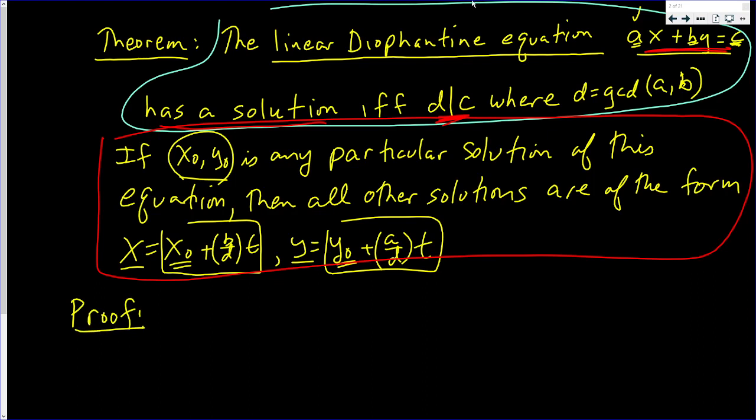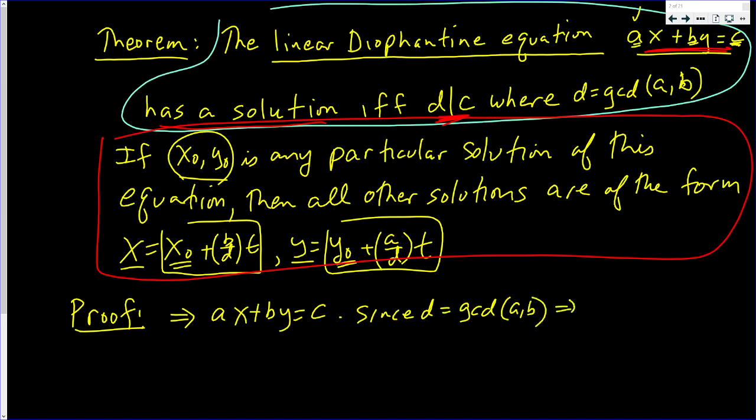Okay, so let's suppose that ax plus by equals c. Since d equals the GCD of a and b, that implies d divides a and d divides b. But that implies that d divides any linear combination of a and b, including ax plus by.